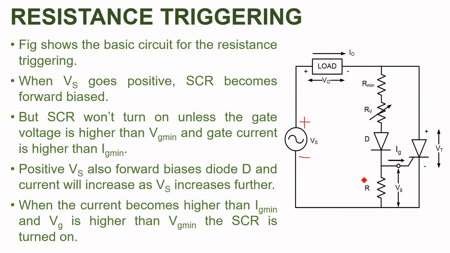When the current is supplied to this triggering branch, some part of the current would be flowing through the gate. The path of the current is as shown in the figure.